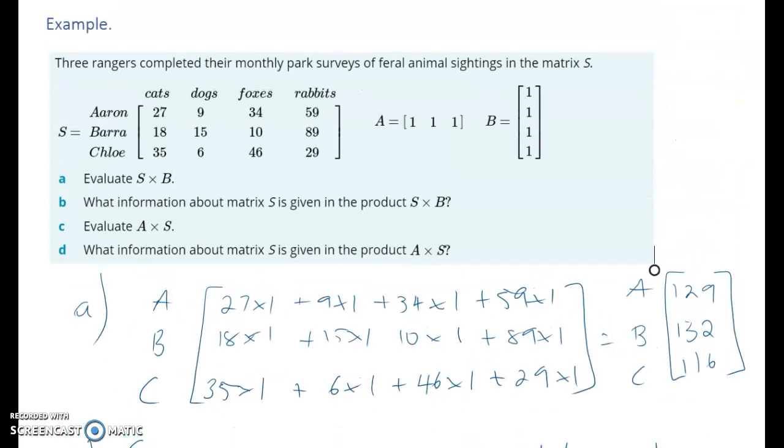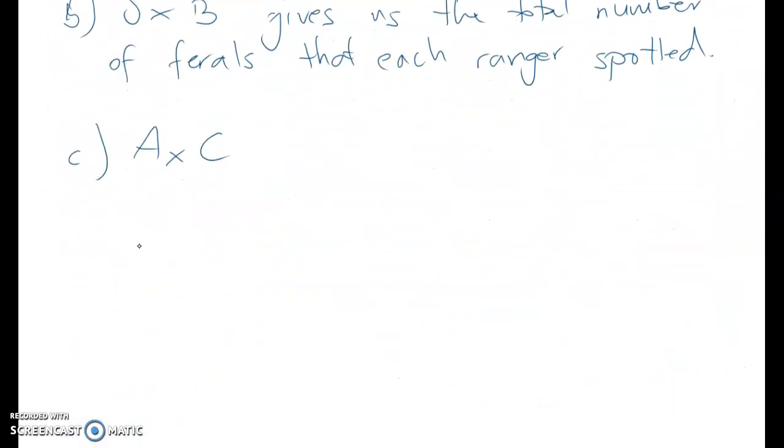Now part C wants us to do A times S. If we go back up to our original information, we can see that A is a row matrix, and we're going to be pre-multiplying with this one, so we're putting it before the matrix with all the information. We won't have any information about which ranger spotted which.